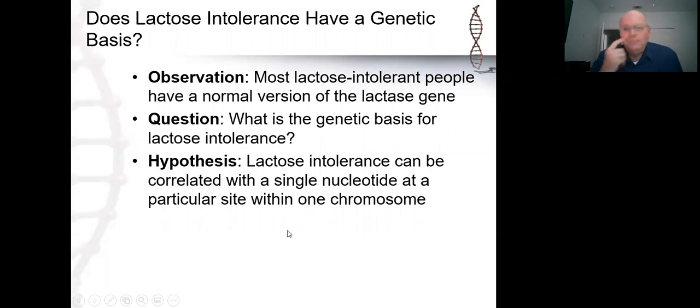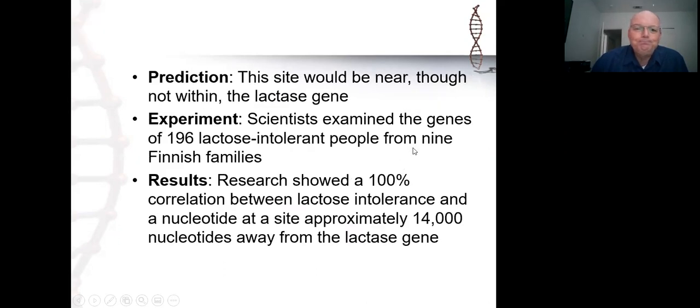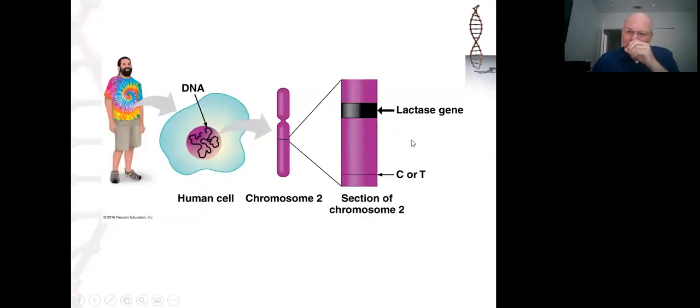So just coming back to look at what gives rise to lactase persistence. Genetic analysis, study of the genes, has indicated that when you look at chromosome 2, where the lactase gene is positioned, if you have one nucleotide, and I believe it's the C nucleotide, you have lactase persistence.